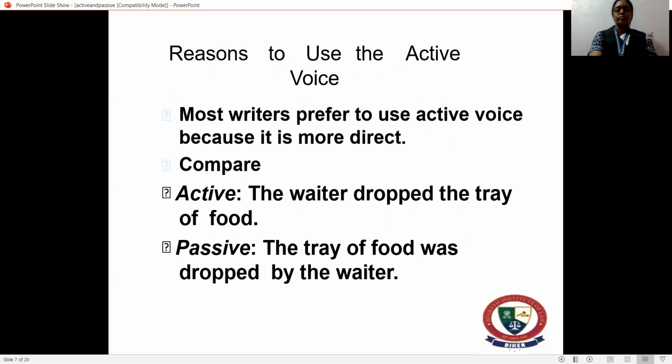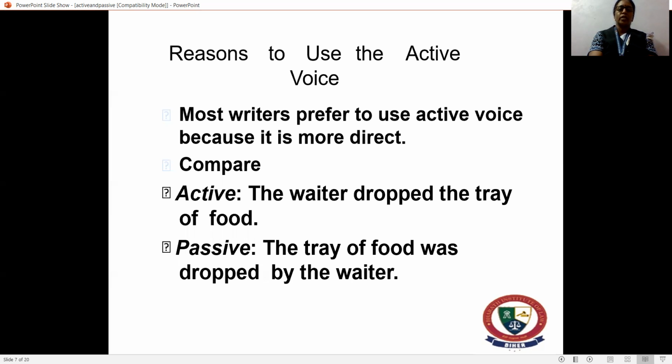As I said in the beginning itself, we'll also see the reasons why we use active voice in certain places and why we use passive voice in certain other places. We should also know this. Grammar is not completely about rules and regulations.